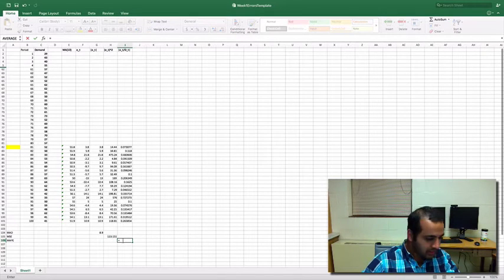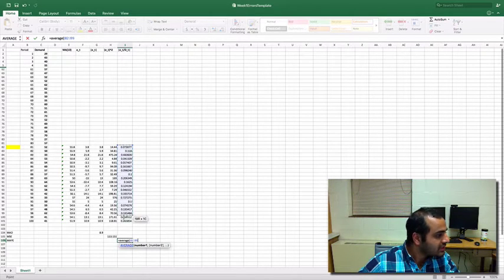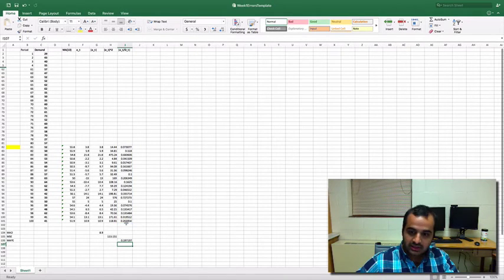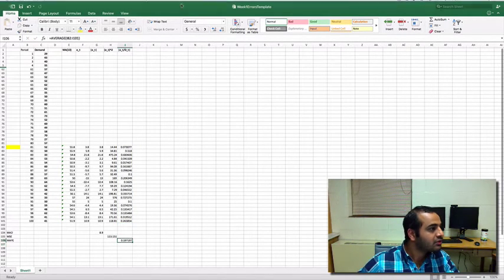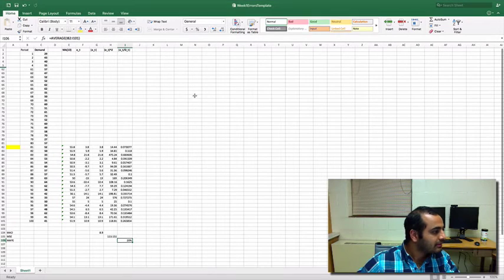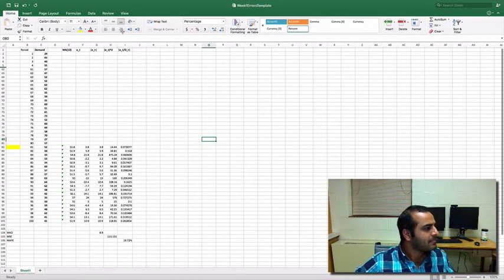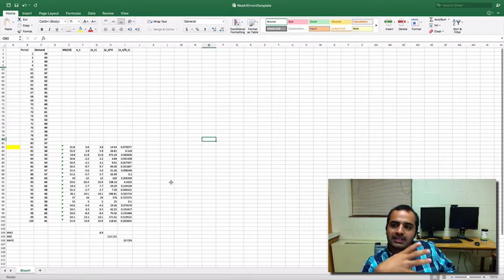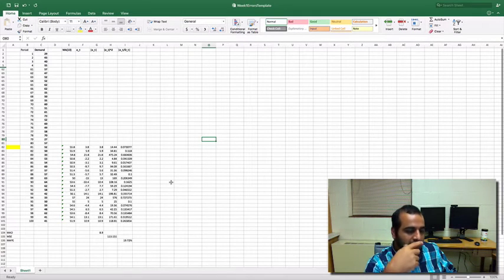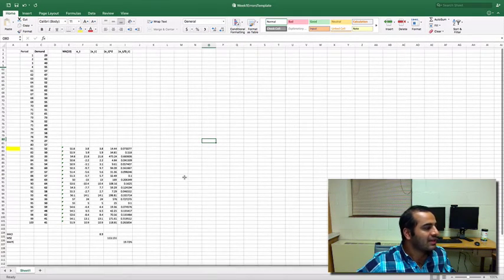Mean absolute percentage error is, so that we can see this slightly better, let me convert this into a percentage. About 19.72%.